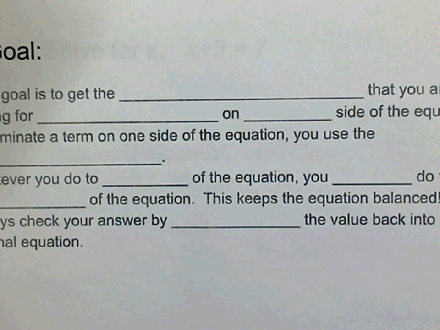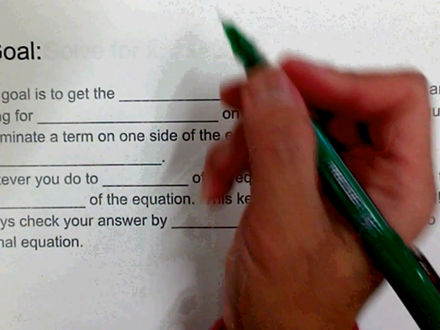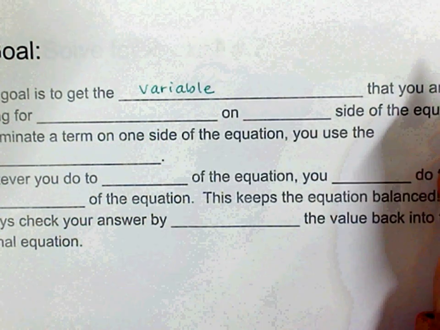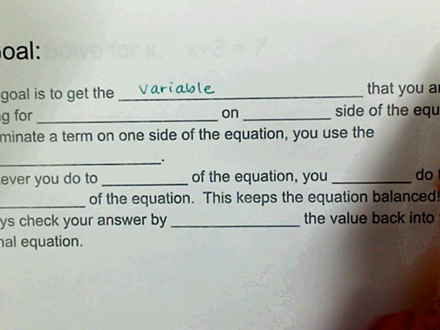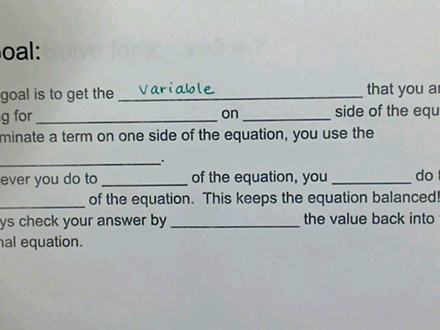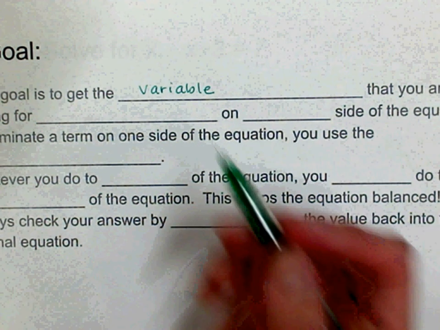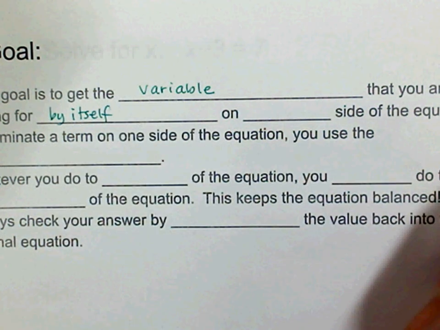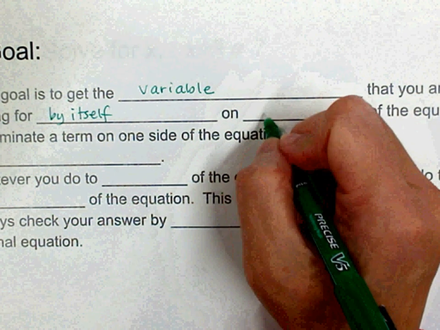Here are the goals. Your goal is to get the variable that you are solving for by itself on one side of the equation.